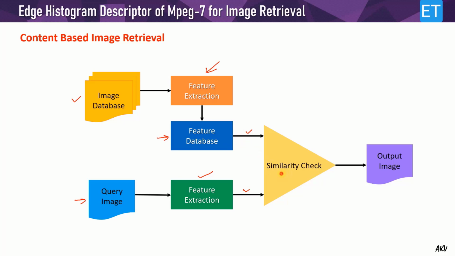Actually, we are doing a similarity check between the feature of the query image and the features previously stored in the database. So for the similarity check, we find some distances such as L1 distance, L2 distance, etc. And then on the basis of the minimum distance, we retrieve the most matching images as the output. So this is the simple overall process of CBIR.